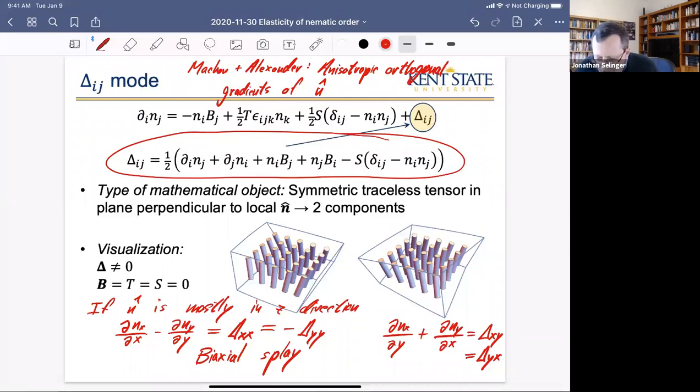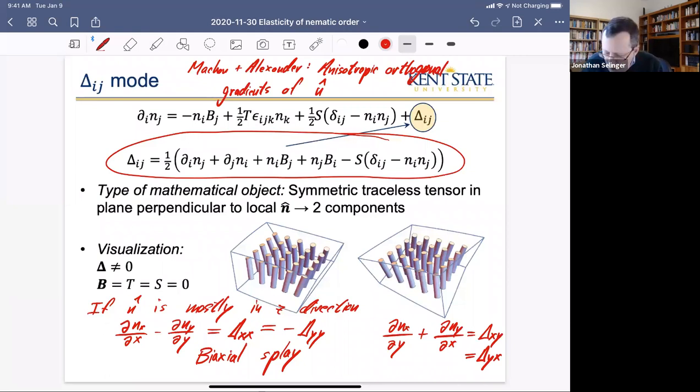So this is a fourth liquid crystal mode, which doesn't get talked about very much, but it is a possibility. It is on the list of possible modes for the liquid crystal. So here I have a list of four modes: splay, bend, twist, and this delta.